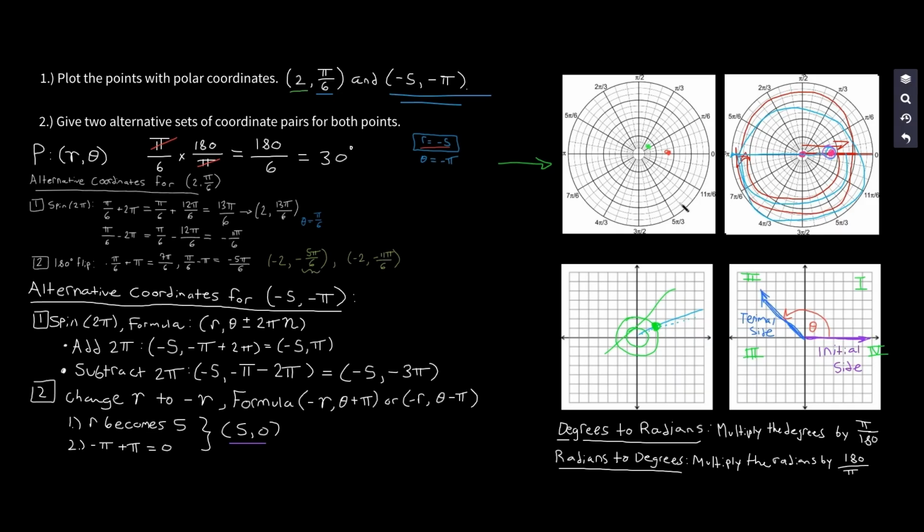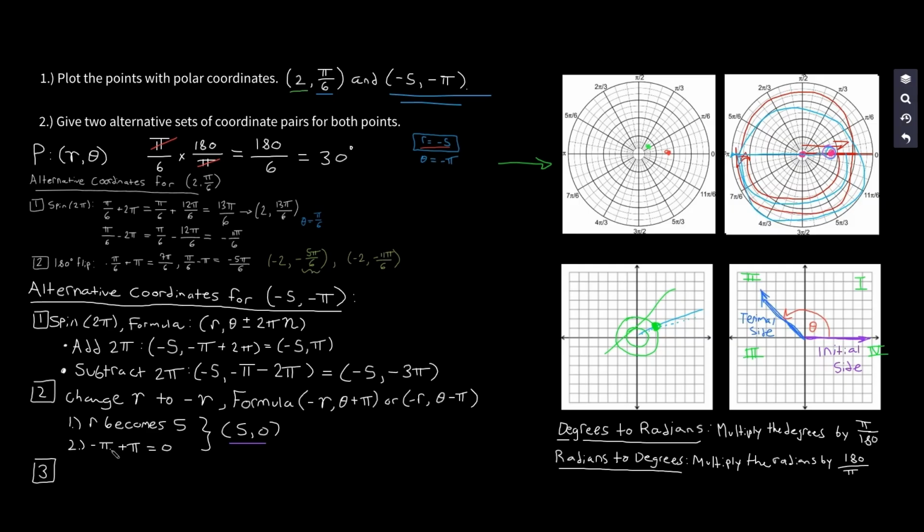All right. Now there's a third way that we can do this, and this is called the negative angle spin. If you have a positive angle and you want a negative one or vice versa, you find 2 pi. The logic here is that if you are at pi, you're halfway, and going the other way around the circle is also pi. Since the original was negative pi, which is clockwise, the opposite direction is to go counterclockwise.